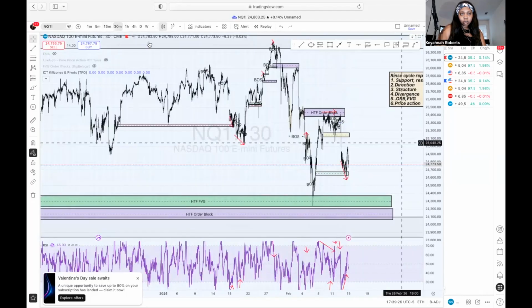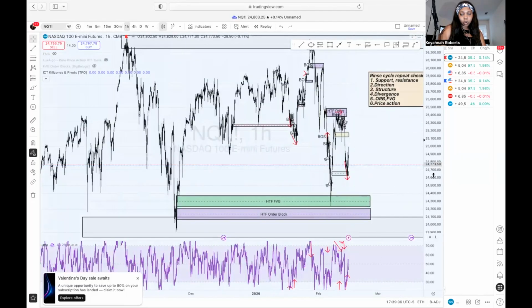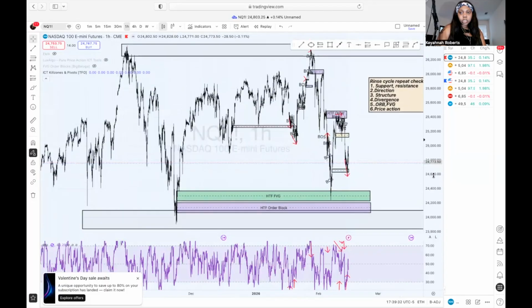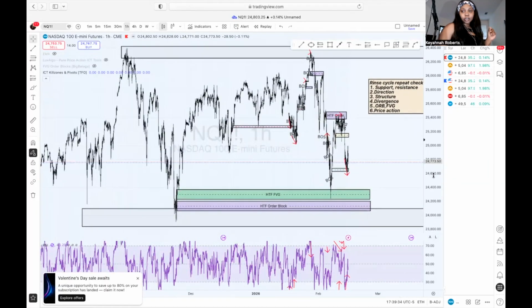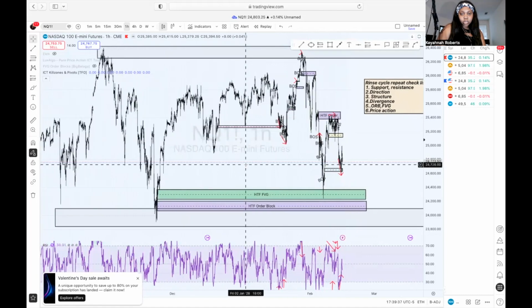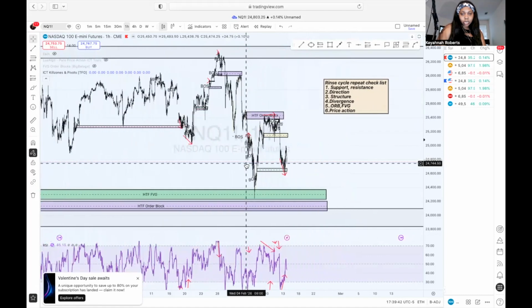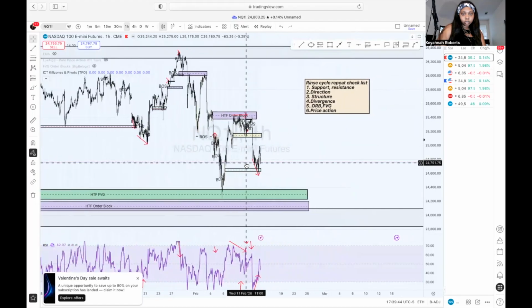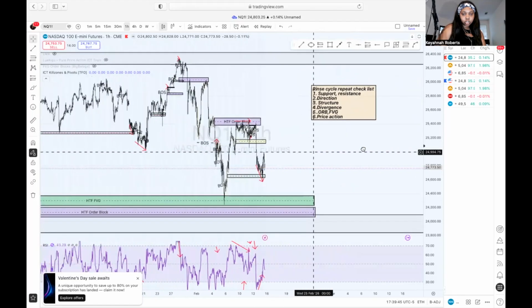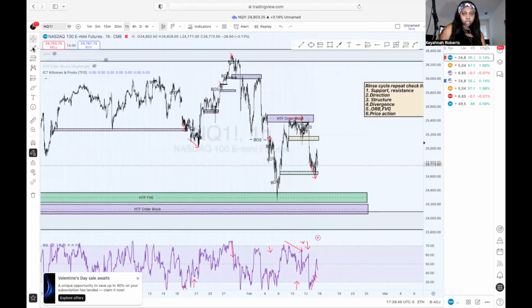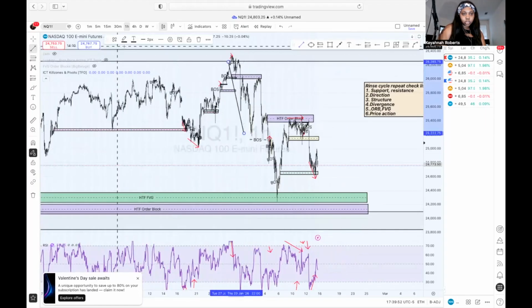All right. So first, I'm just gonna start off here on my 1 hour time frame. Because overall, initially, I was looking for the sell. So if you can see here, I was looking at the structure here. So this current structure, I was looking at this here.